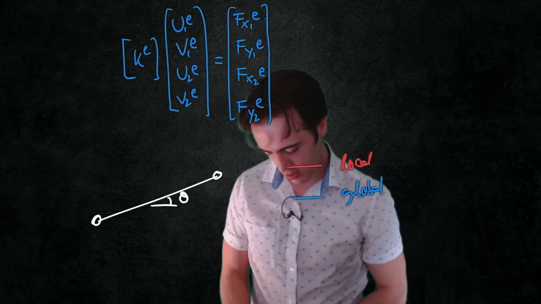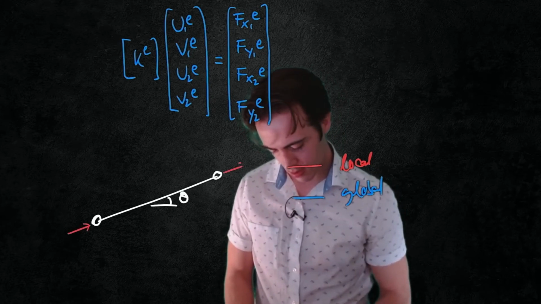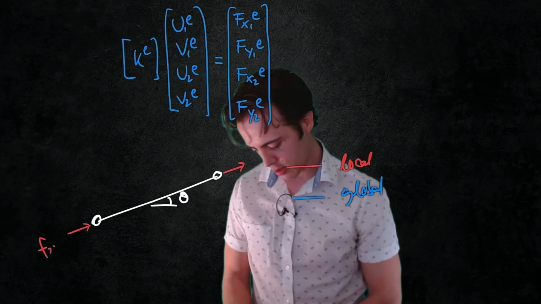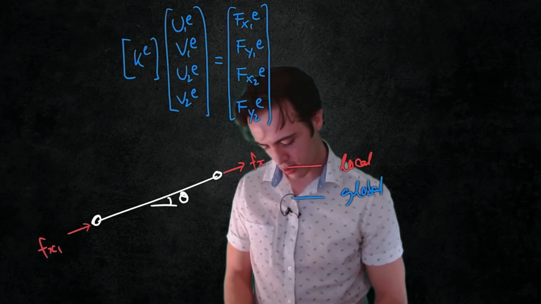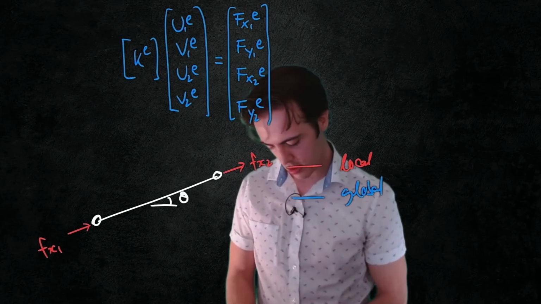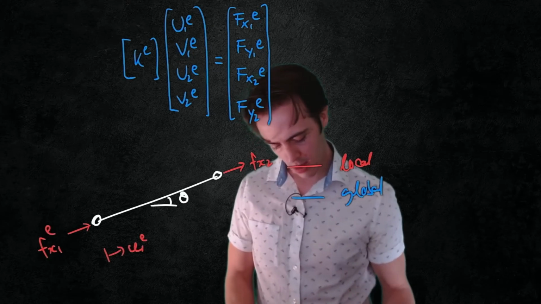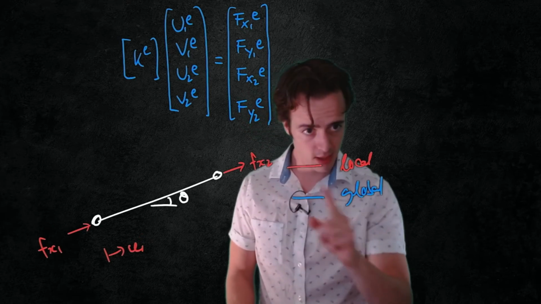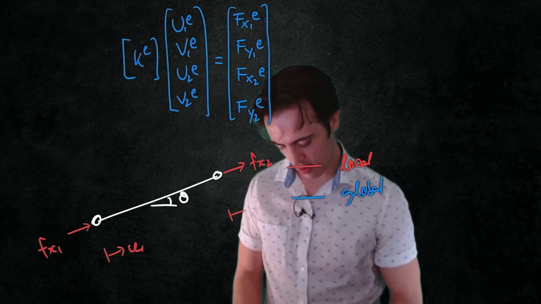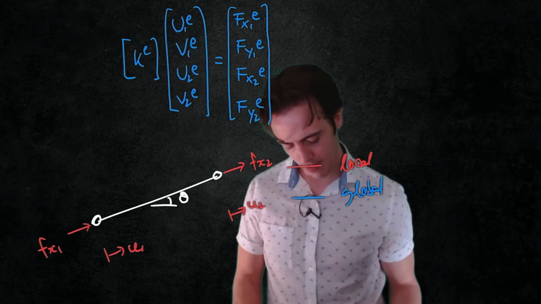So in my local, I have fx1, fx2, and I would have u1e. These should also have e's really. I'm going to stop drawing these because it just gets a little bit untidy if I have all these superscripts. And u2 here.